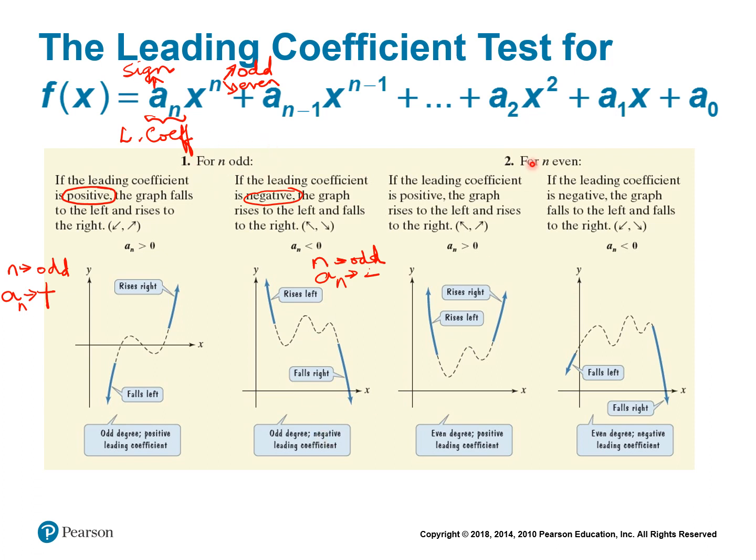Now let's look at what happens when n is even. If n is even and the coefficient is a positive value, so let me write that, n even and a sub n is positive, then both ends of the graph rise.